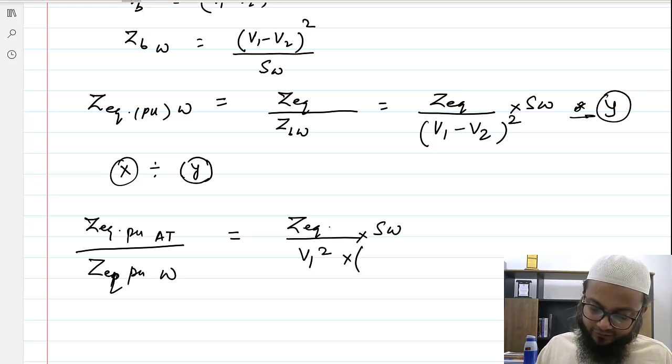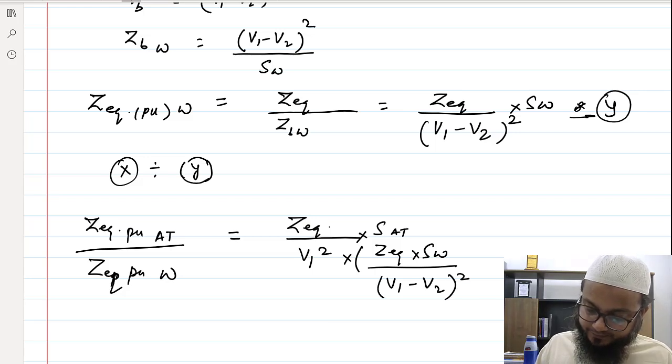Sorry, this is SAT here. And in the denominator, Z equivalent into SW upon (V1 minus V2) whole square.